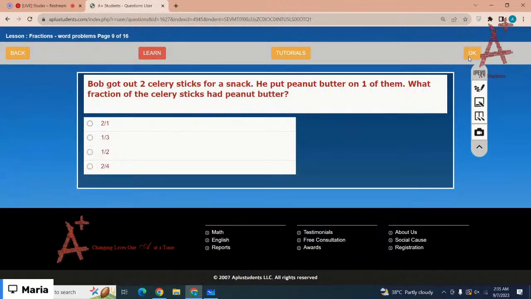Bob got out 2 celery sticks for a snack. He put peanut butter on one of them. What fraction of the celery sticks had peanut butter? Which is the correct option? Yes, the correct option is 1 out of 2.